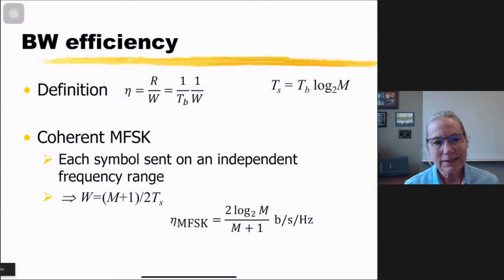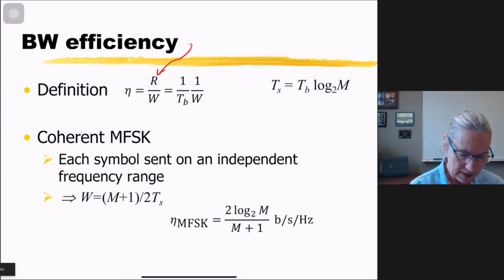So now I'm going to define bandwidth efficiency. And the bandwidth efficiency metric that I'm going to use is I'm going to define it to be the bit rate divided by the occupied bandwidth.